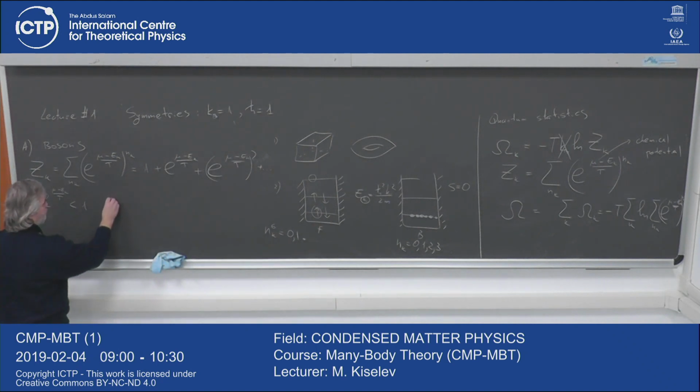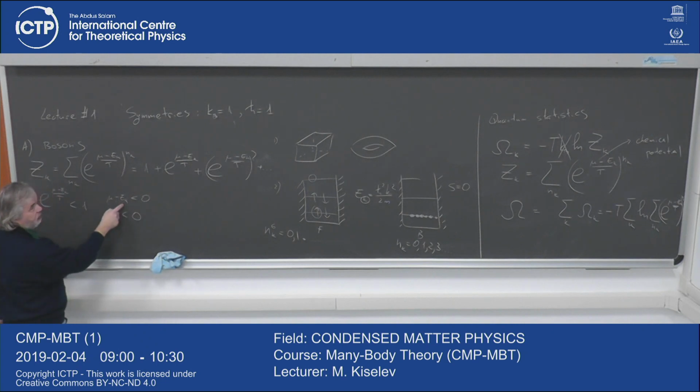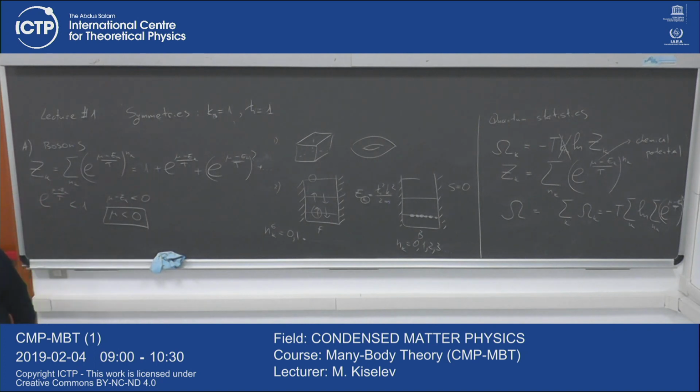We say that mu minus epsilon k should be negative, right? Which means that the chemical potential should be negative, because this quantity is always non-negative. So we already come to the conclusion that the chemical potential of the bosonic system should be negative.